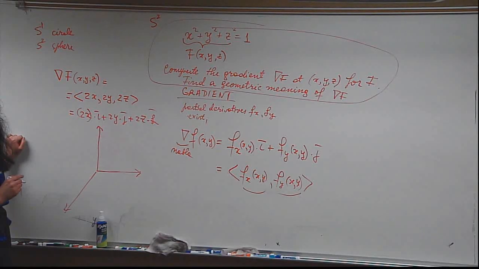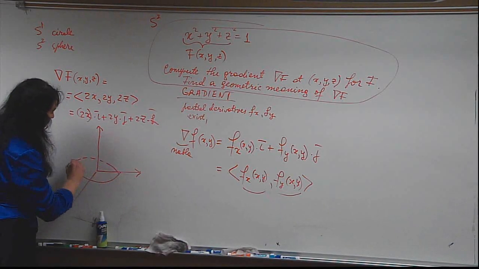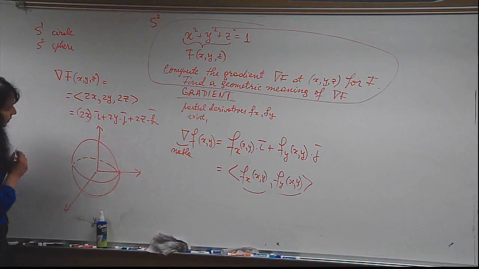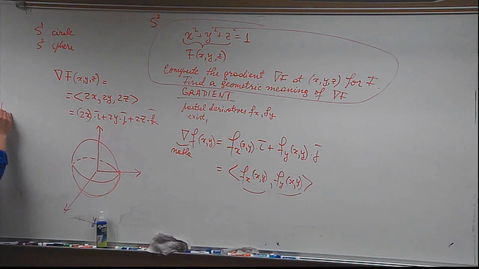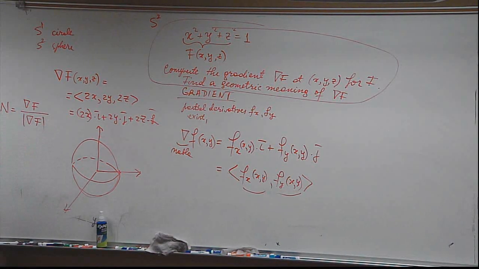But if I were to unitarize it, which means to divide it by its magnitude and make it a unit vector, that would have a meaning. This is the sphere. What if I make N equal nabla f over the magnitude of nabla f?